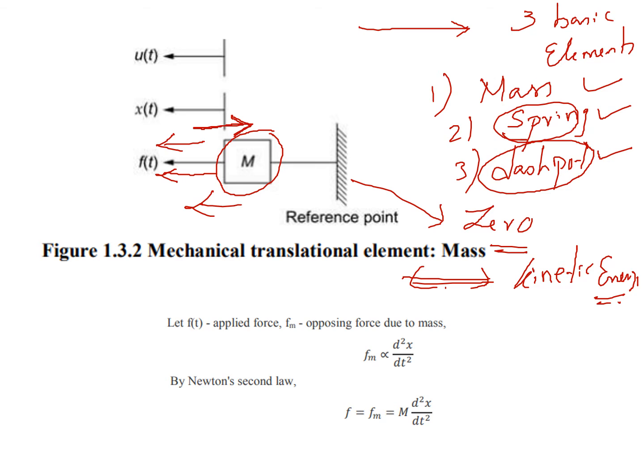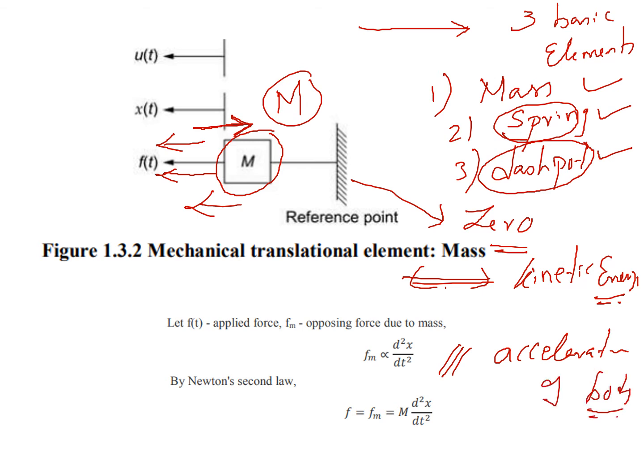If a force is applied on a body having some mass m, very sure it will experience an opposing force due to this mass. According to Newton's second law, the opposing force is proportional to the acceleration of the body. Here we assume elasticity as negligible.